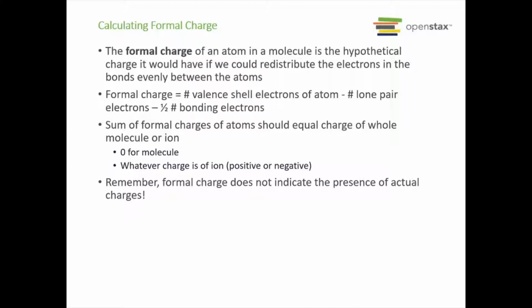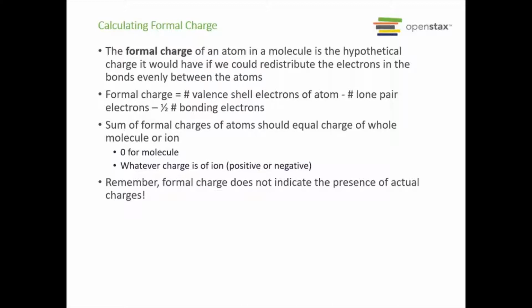The way that you calculate the formal charge of an atom is you take the number of valence shell electrons minus the number of lone pair electrons minus 1/2 the number of bonding electrons. And when you add up all the formal charges of the atoms in a molecule, it should equal the charge of the whole molecule or ion. So if you have just a regular molecule, it needs to equal 0.